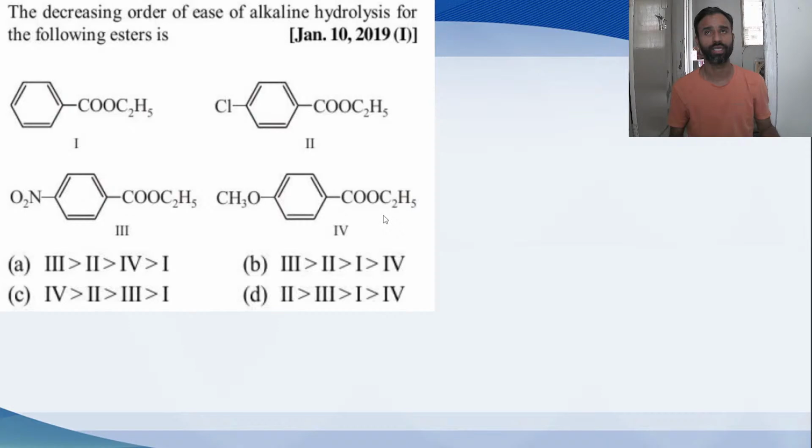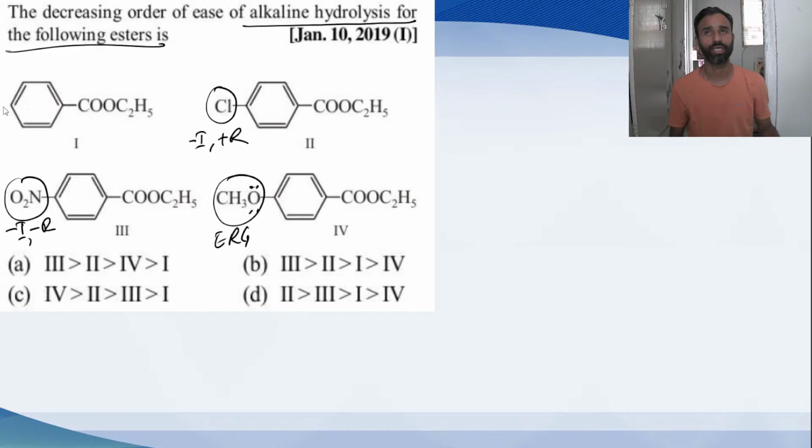Next, increasing order of ease of alkaline hydrolysis for the following esters. The withdrawing groups increase the rate of hydrolysis. So NO2 is withdrawing, Cl is also electron withdrawing. But you know, NO2 is more electron withdrawing than chloro. This is electron releasing.